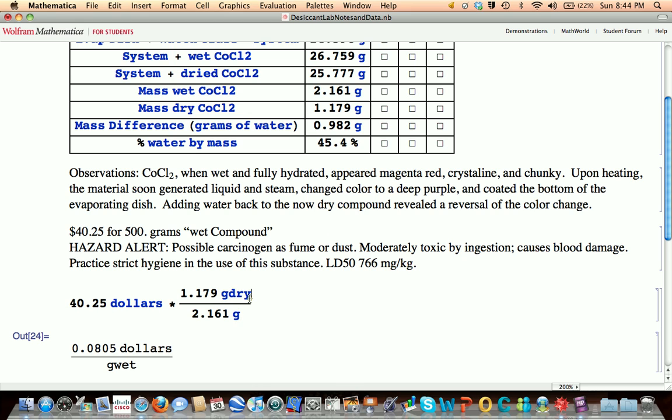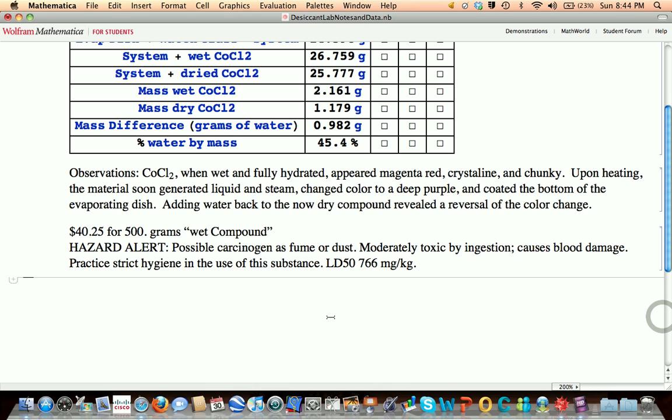Right? I'm going to take the dry off just so Mathematica knows what to do with it. And the answer that I'm going to get now, I think, is saying that, well, really, I'm paying a considerable amount of money for just the water. So let me back up a little bit. Okay, let's take this off. And let's find out how much it's really going to cost me.